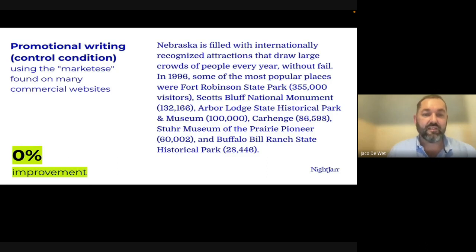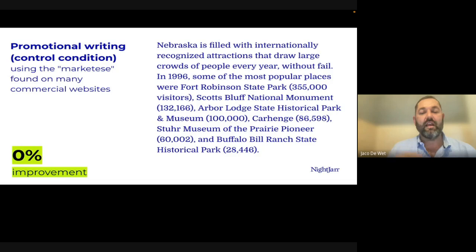In 1996, some of the most popular places were Fort Robertson State Park, 350,000 visitors, Scotts Bluff National Monument, 132,166, Arbor Lodge State Historical Park and Museum, 100,000, Carhenge, 86,598, Stuhr Museum. Okay, anyway, you get the point. There's a lot of information there, and they used this as the control copy.